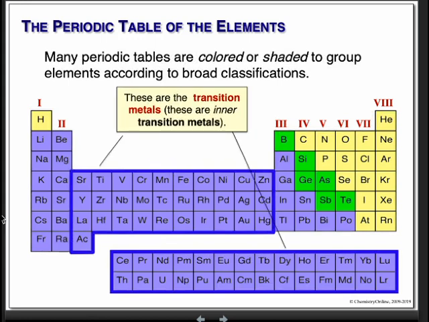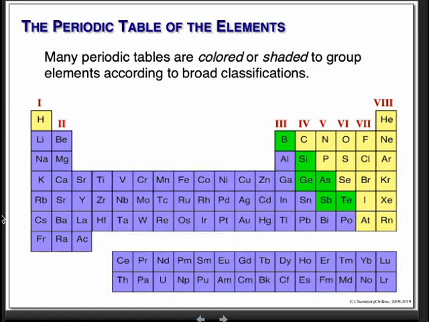The ones in the middle here are transition metals. They are a transition between the two groups of representative metals. These are the regular transition metals, and these are called inner transition. Now, you might wonder what they're doing at the bottom. Well, they're at the bottom for convenience. In fact, they actually go right here.